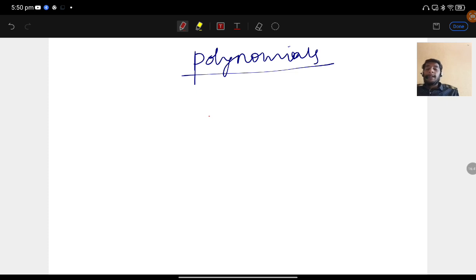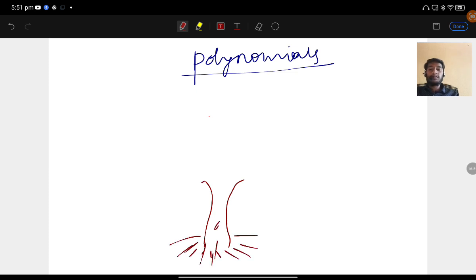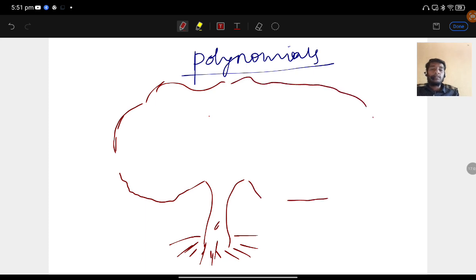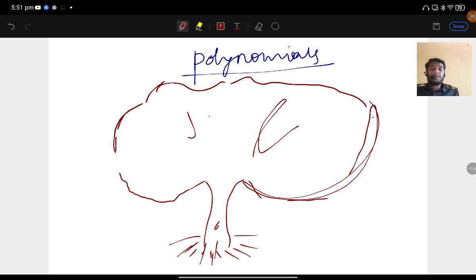So I will write some of the examples. First one, it is like a tree. So this is all a tree.